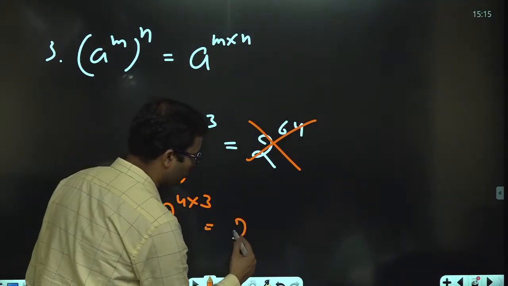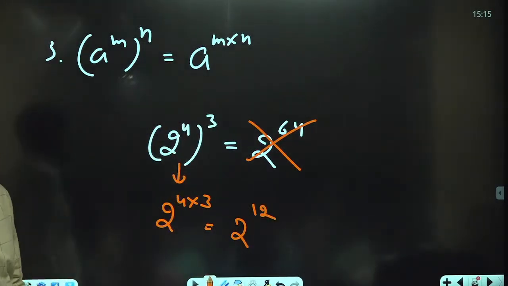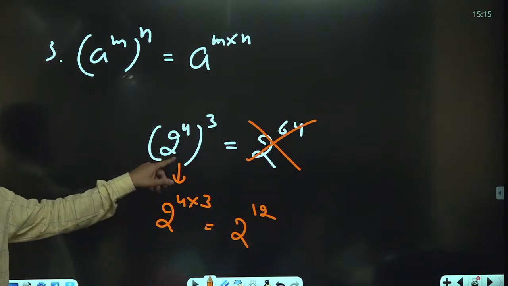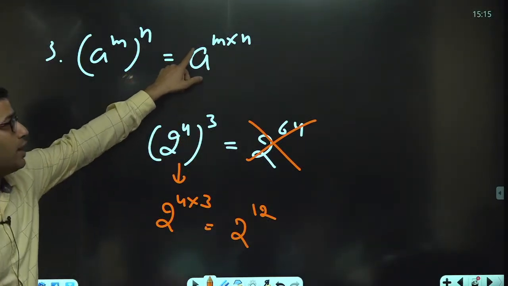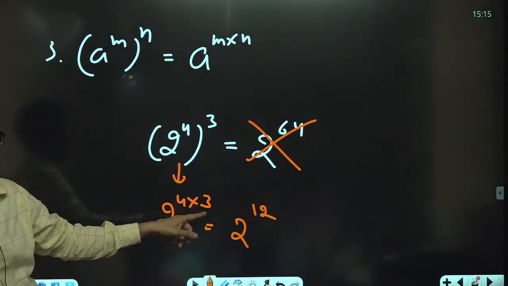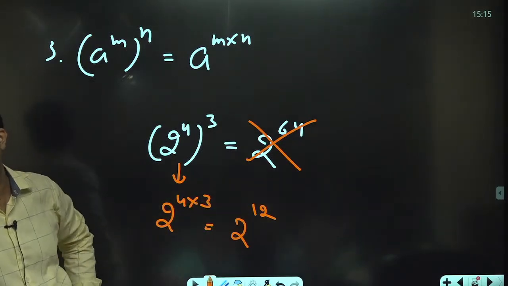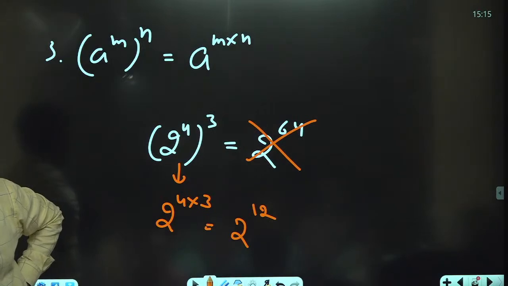So it is actually 2 is to power 12. Be careful. लिख लो 2 is to power 4 ब्रैकेट के ऊपर 3 है, तो according to rule m into n we have to multiply the power. 4 into 3, so 2 is to power 12. Okay.